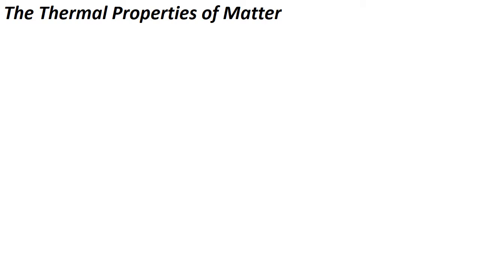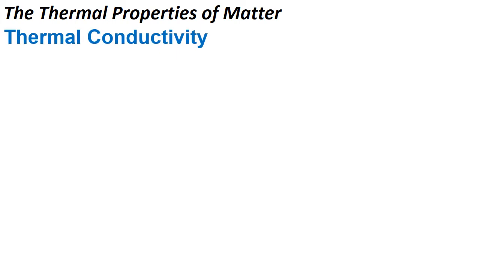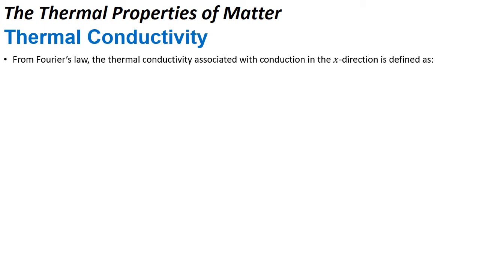Now we are moving towards the thermal properties of the material. The first thermal property which we are going to discuss is the thermal conductivity. From Fourier's law of heat transfer, thermal conductivity associated with conduction in the x direction can be given as kx is equal to minus qx double dash over partial T over partial x.